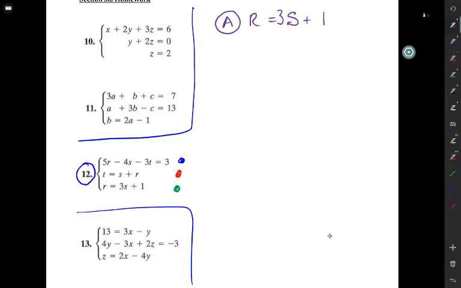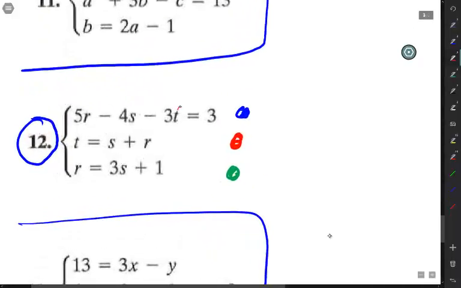Now, how do I get rid of the t in either the first equation or the second equation? We're not using elimination this time. We're going to use substitution. So I'm going to highlight the t here. We take that t and replace it with that t.